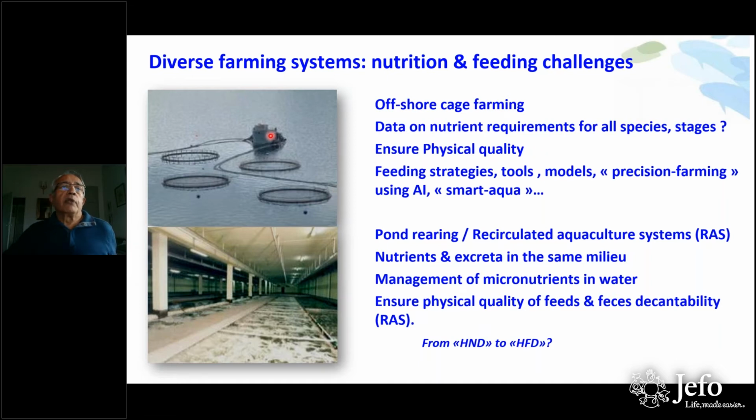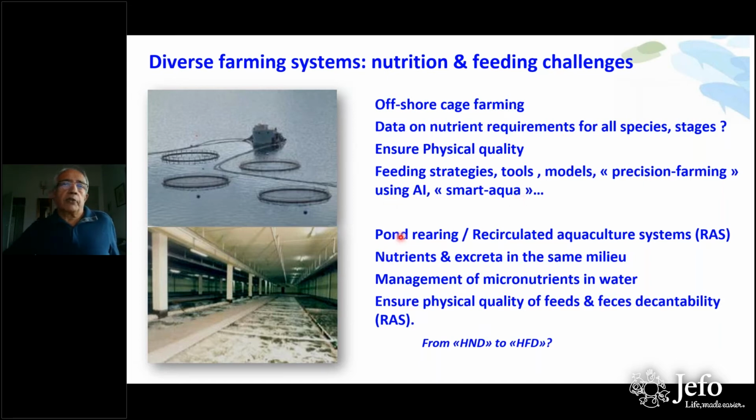If the feeds are to be distributed to the different cages, we've got to ensure the physical quality and the nutritional value of feeds. And there are a number of modern tools, feeding strategies, models, and now since a few years we're talking about precision farming using artificial intelligence, smart aqua, etc.